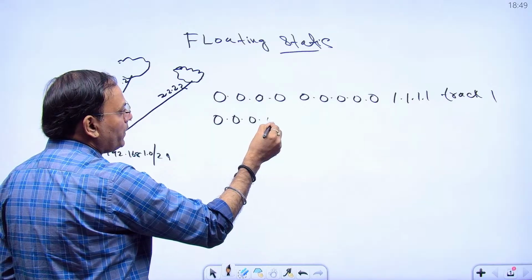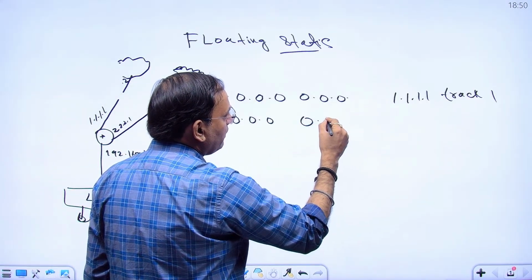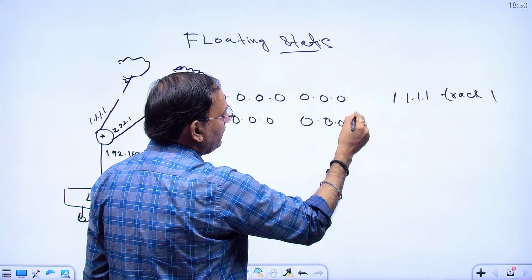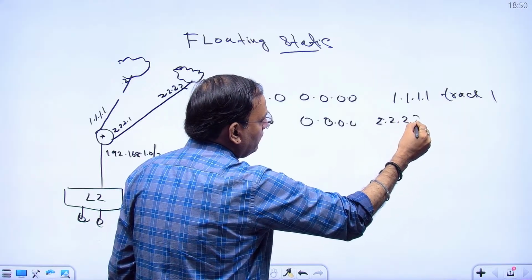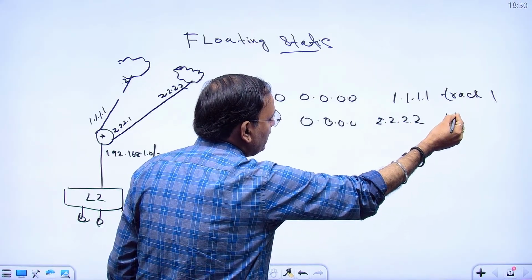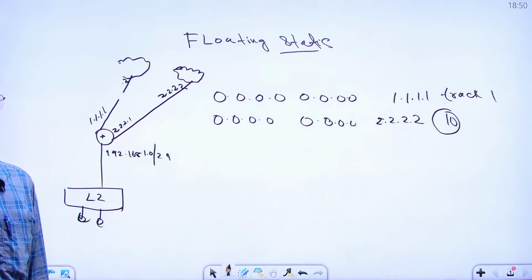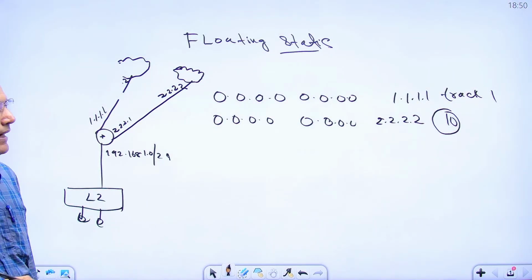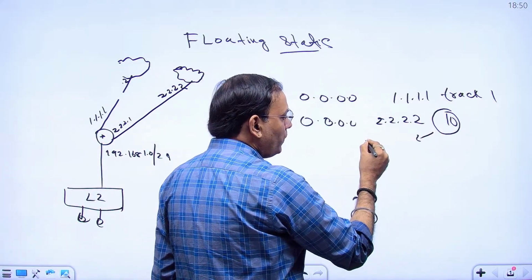Now, what is a floating static route? If anyone asks you why we configure a floating static route, the static route which is configured with an AD is called a floating static route.